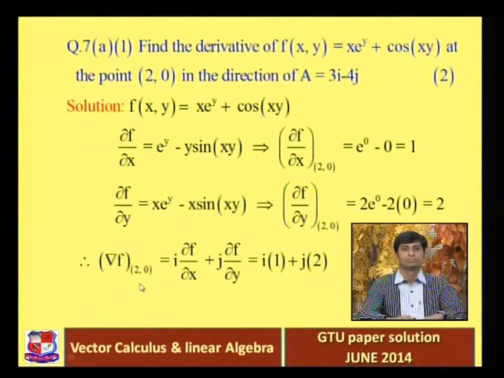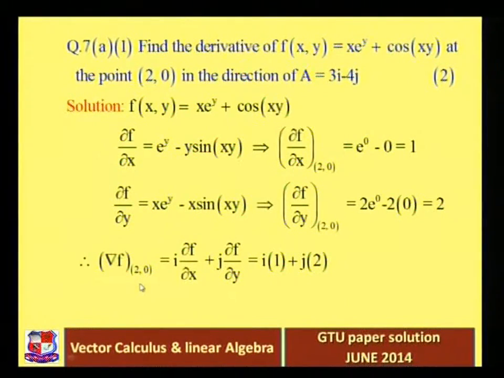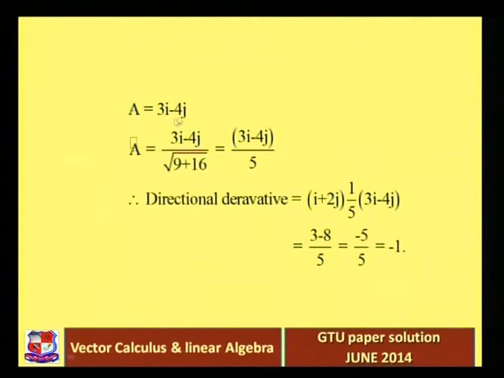Now our direction is 3i minus 4j. The norm of this: 3i minus 4j divided by the square root of 3 squared plus 4 squared, that is the square root of 9 plus 16, so 5. So 3i minus 4j upon 5.